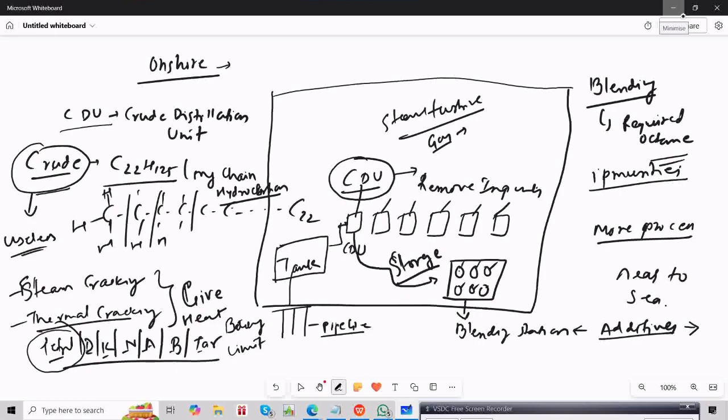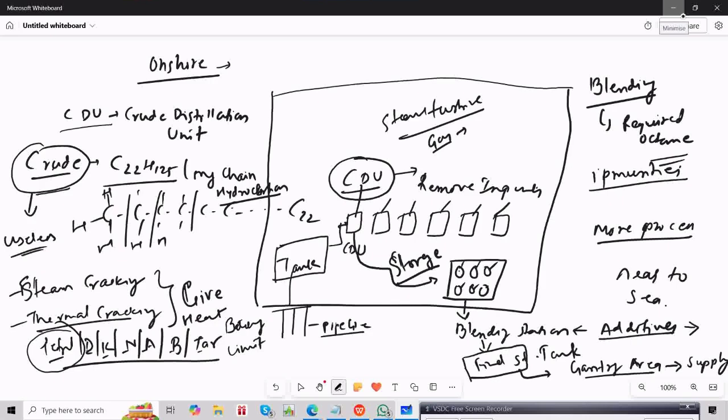From this blending station it goes to the final storage tanks, and from this storage tank it goes to the gantry area, and from this gantry area it goes to supply or market. Understood?